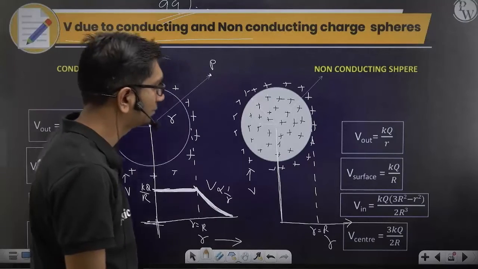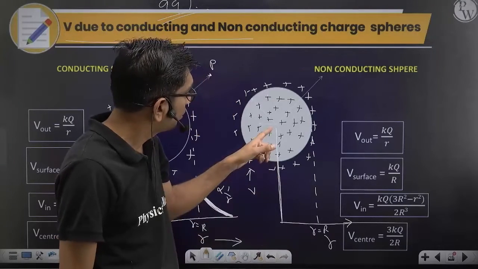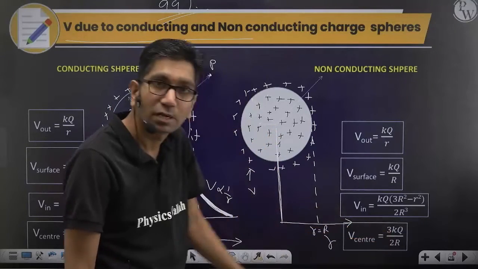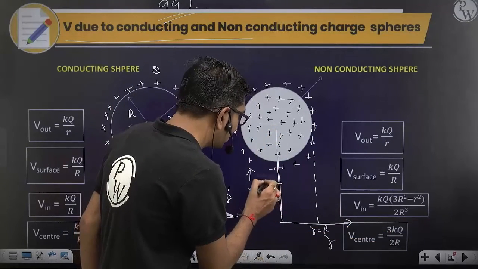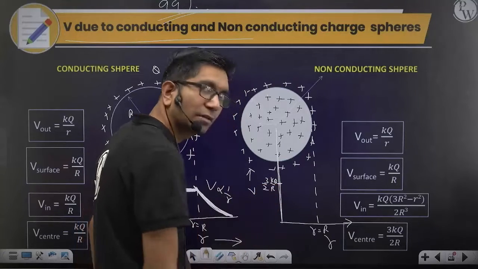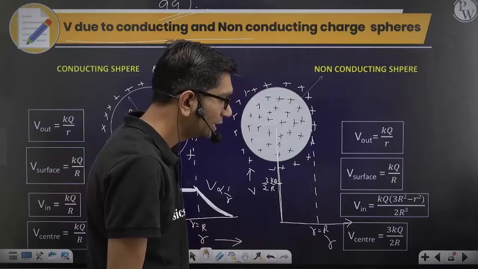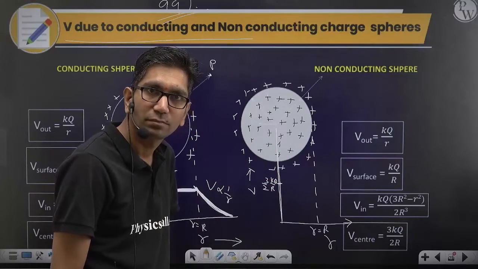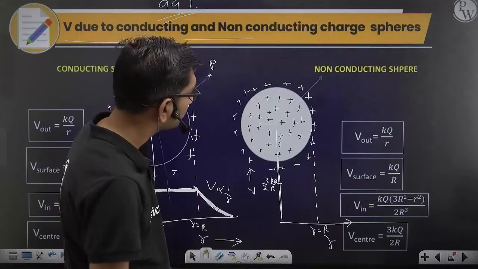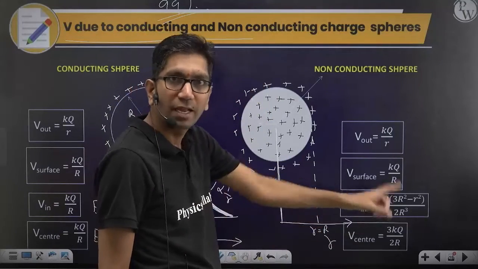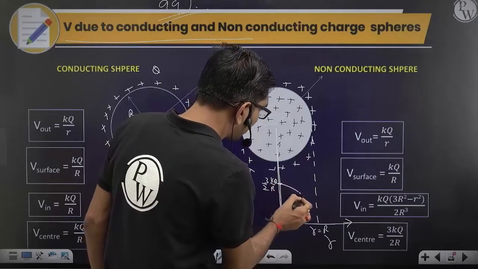So here, potential at the center is 3 by 2 times the potential on the surface. So 3 by 2 times KQ by R, correct? So here at the center is this one. Next, inside, somewhat you will be getting like this.